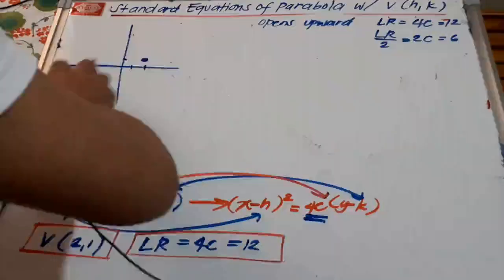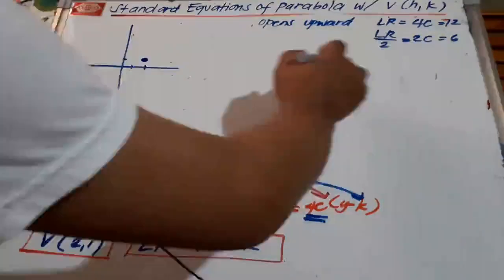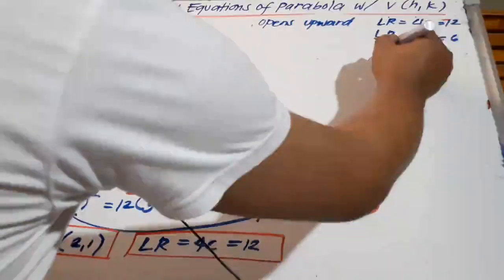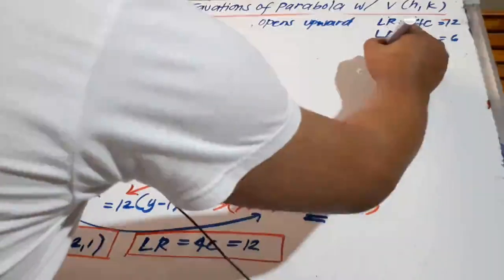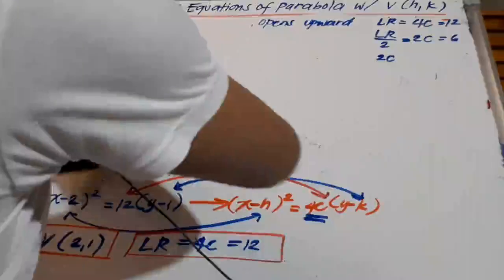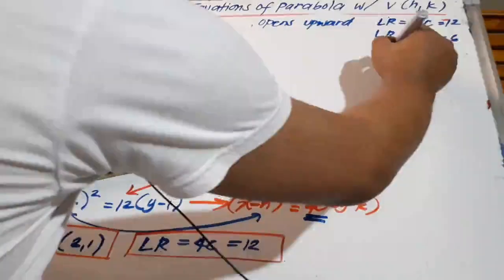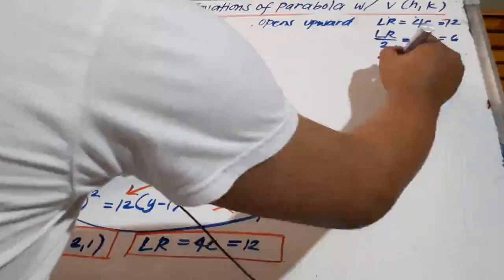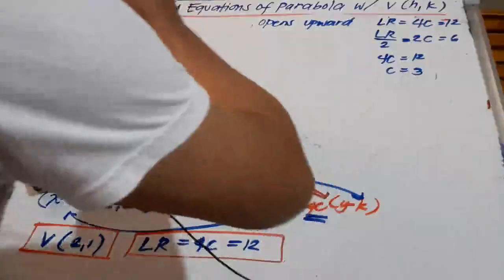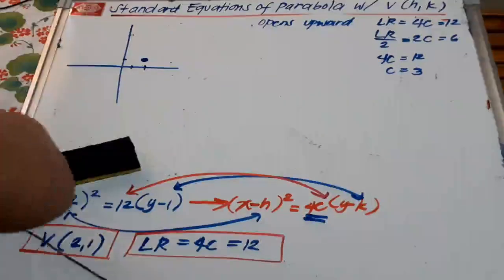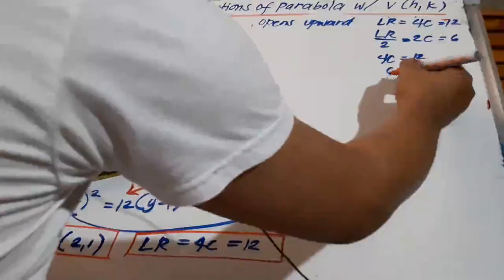Then we also need the focal distance C. So solving for C, 4C equals 12. Therefore, C equals 3. Okay. So yan yung mahalaga nating values na gagamitin natin mamaya.